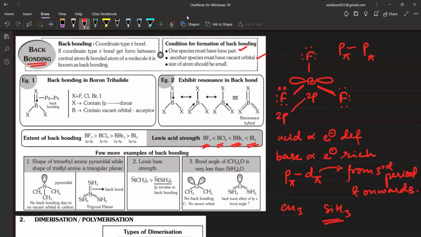Now, when nitrogen is bonded with SiH3, nitrogen has a lone pair of electrons. What does nitrogen have? It has a lone pair of electrons. Now, the silicon atom, it is of which group? Tell me guys. Silicon, which period is it in? It is below carbon, right? Below carbon means third period.